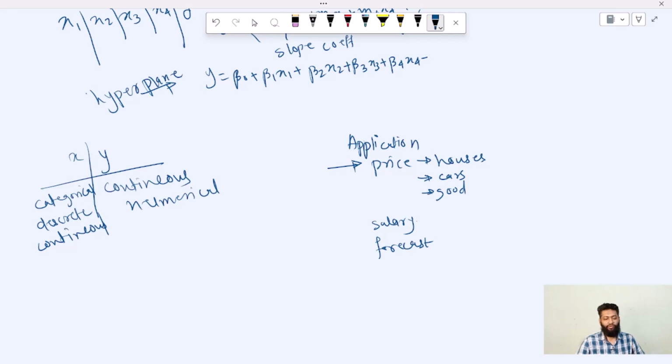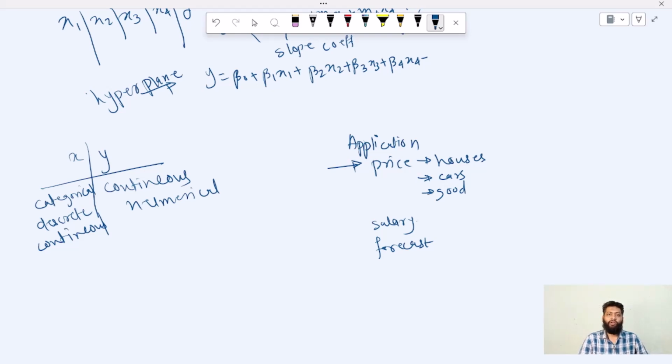These are the applications in real world scenarios, and we can use linear regression if and only if there is a linear relationship between the independent variable and the dependent variable.